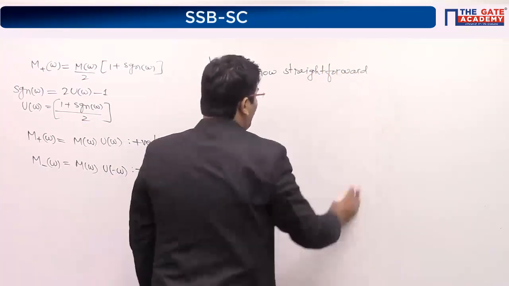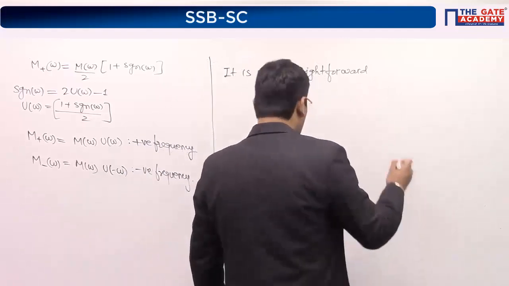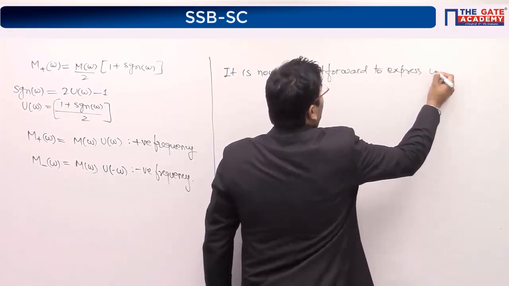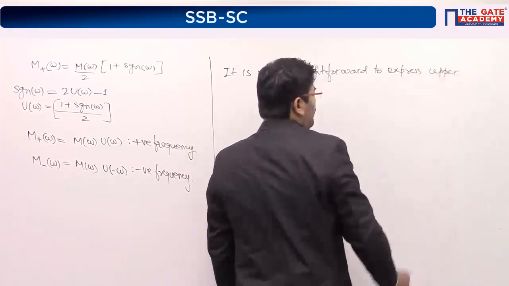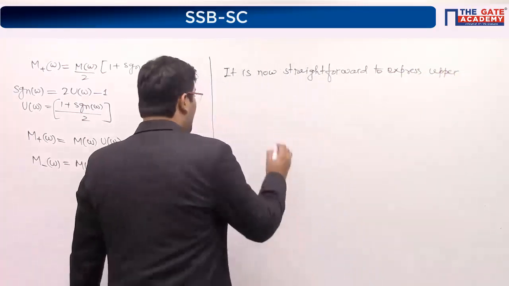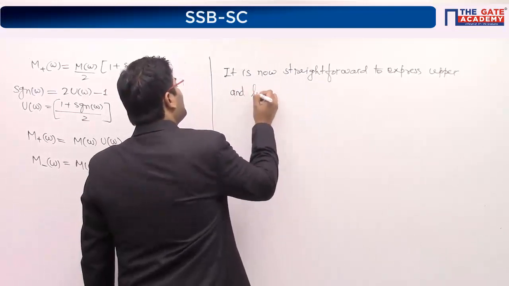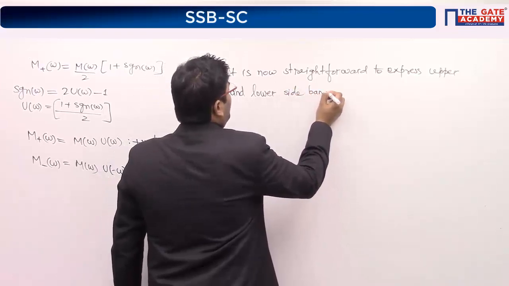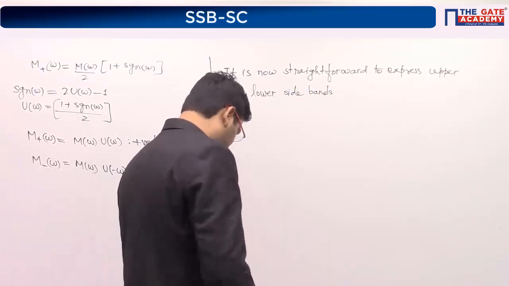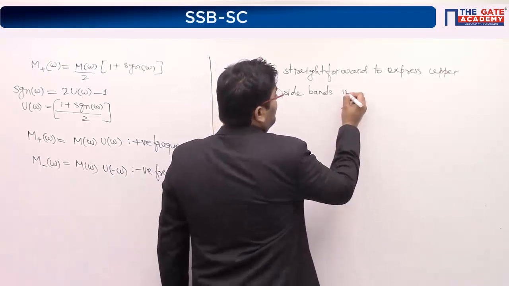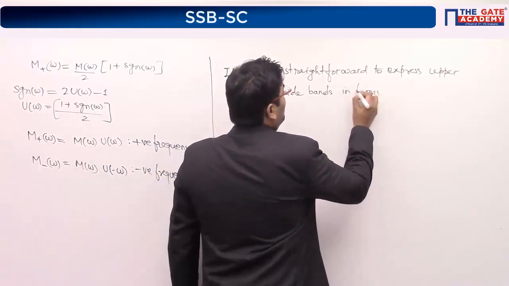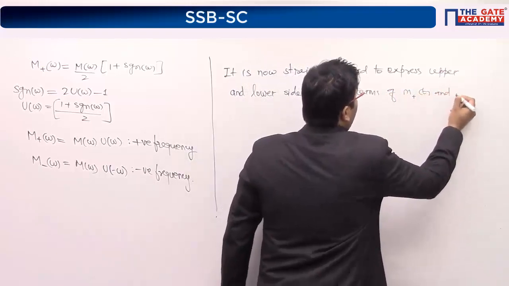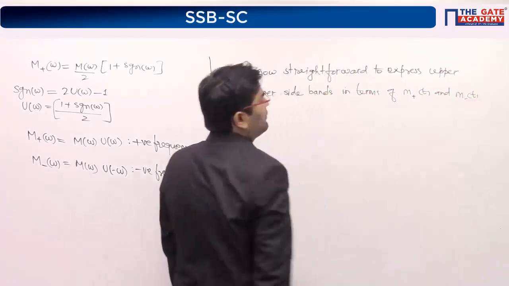It is now straightforward to express the upper and lower side bands in terms of M plus and M minus, right?